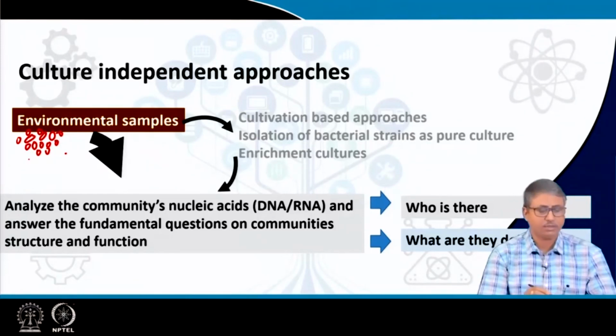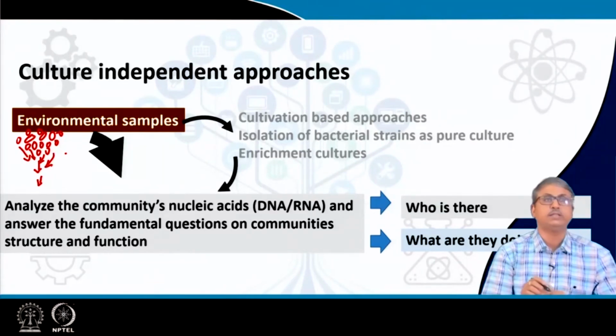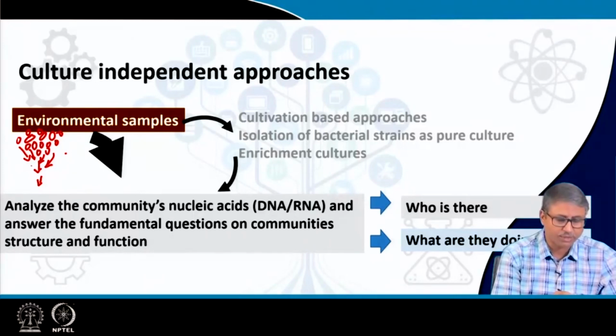When you have a sample, we expect that the DNA or the RNA that we are extracting is basically the DNA and RNA of these individual cells. Actually, we are not extracting the DNA or the RNA from individual cells like picking one cell at a time, but we are adopting a method.